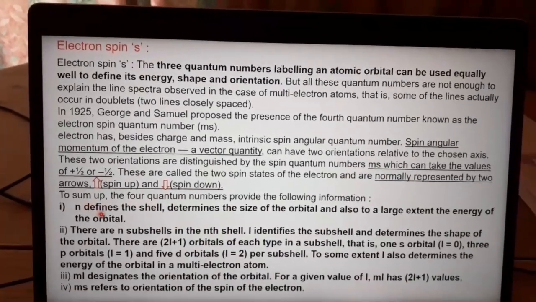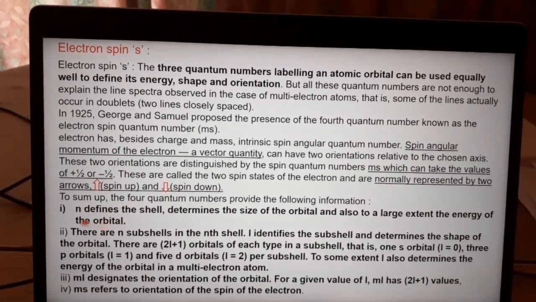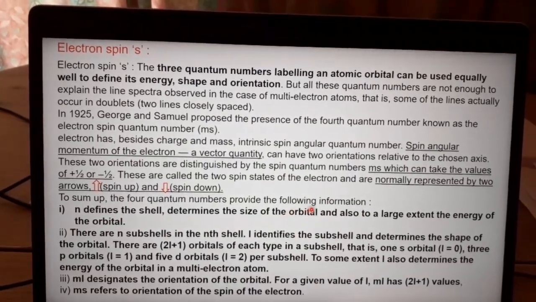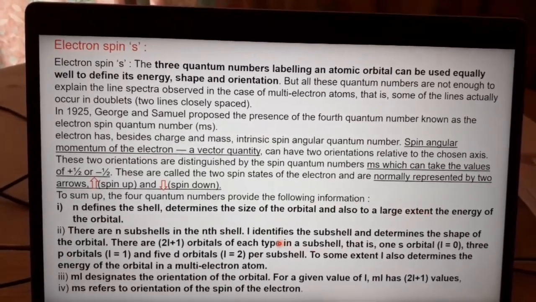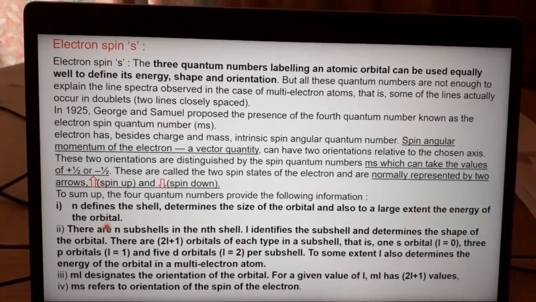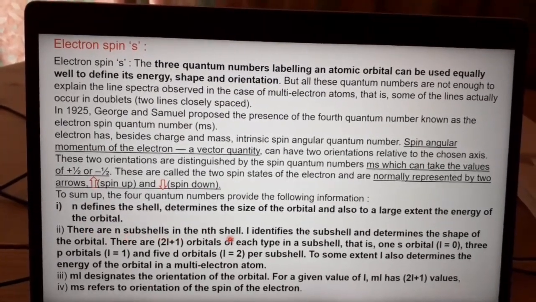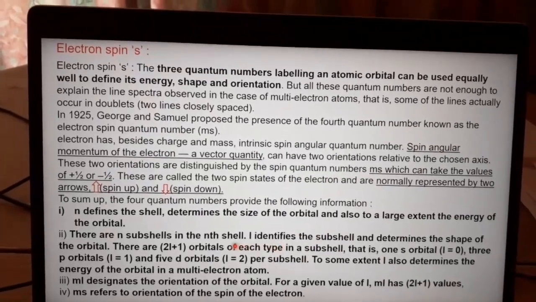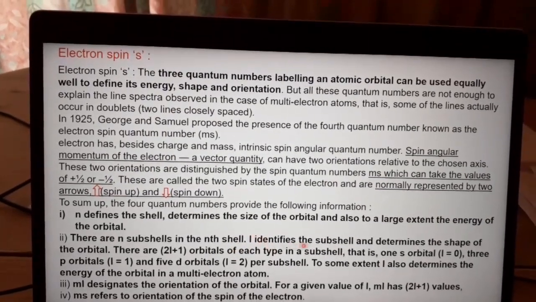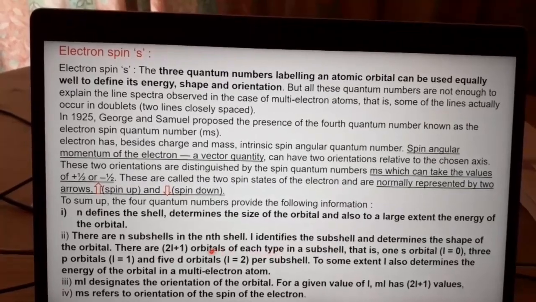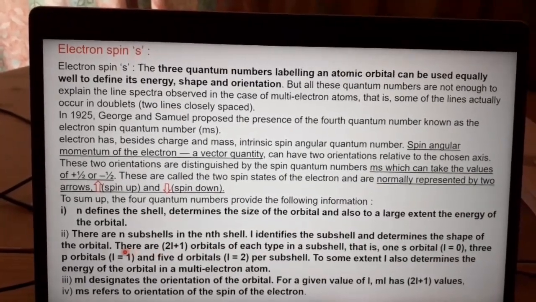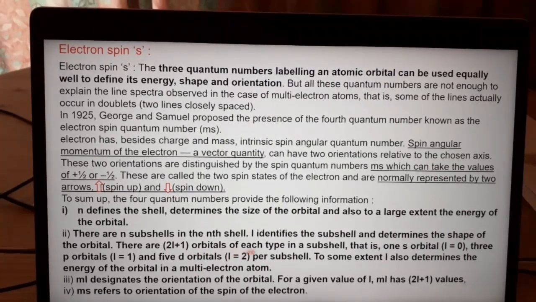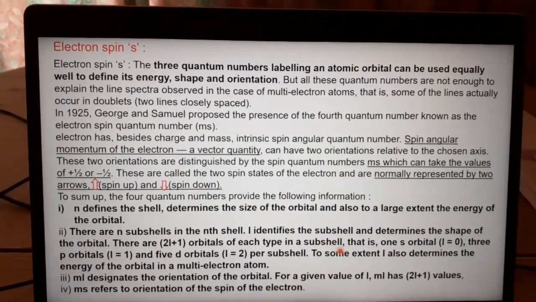So as a summary of what we learned, n defines the shell and determines the size of the orbital, and to a large extent the energy of the orbital. There are n subshells in the nth level, and l identifies the subshell, which determines the orbital shape. There are 2l plus 1 orbitals in each type of subshell.